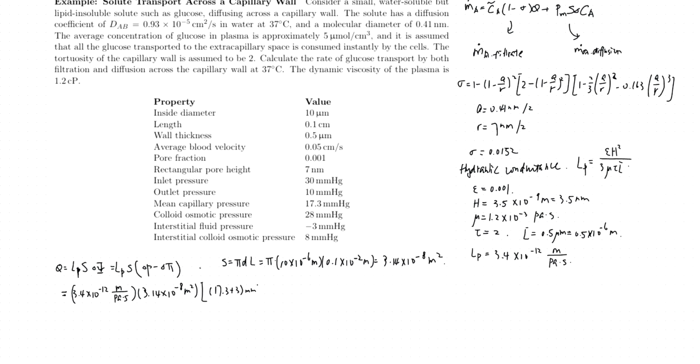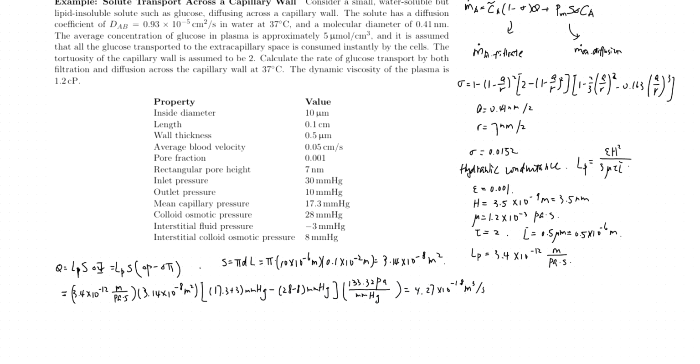That's delta P. And this delta pi is 28 minus 8 millimeter mercury. Now to convert millimeter mercury to Pascal, we have 133.32 Pascal per millimeter mercury. And that gives you volumetric flow rate, 4.27 times 10 to the power of minus 18 meter cube per second.